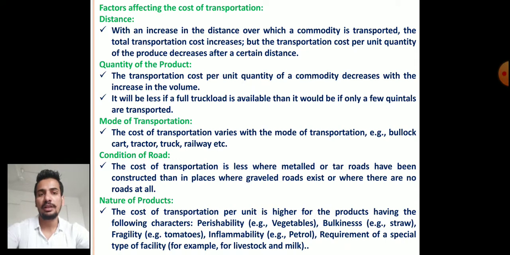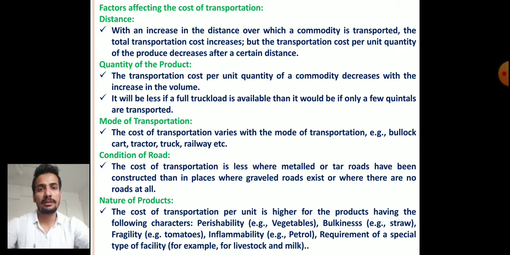Second, quantity of the product. The transportation cost per unit quantity of product decreases with the increase in the quantity or volume. Suppose we have to transport 10 quintals of soybean from one place to another, we have to hire one truck or one tempo.